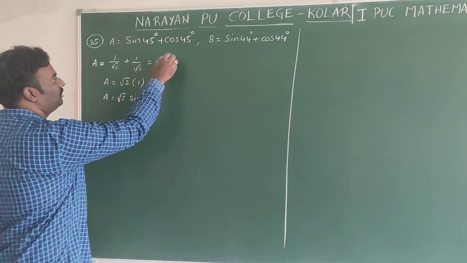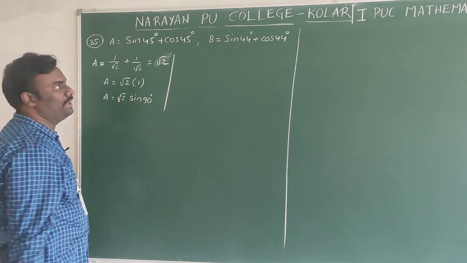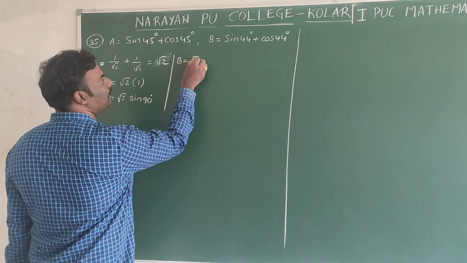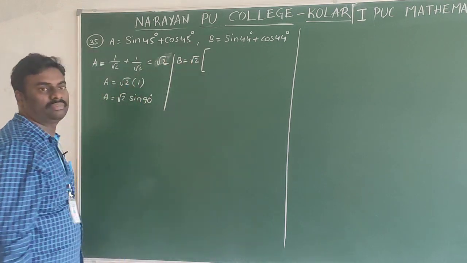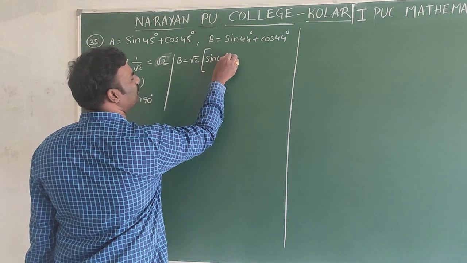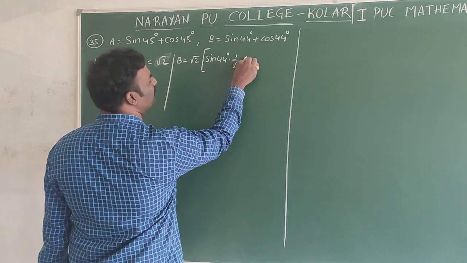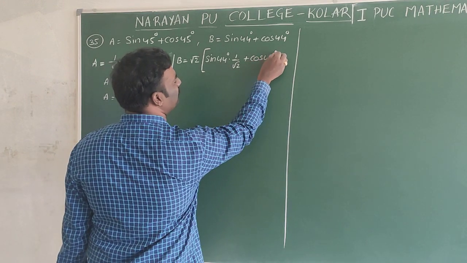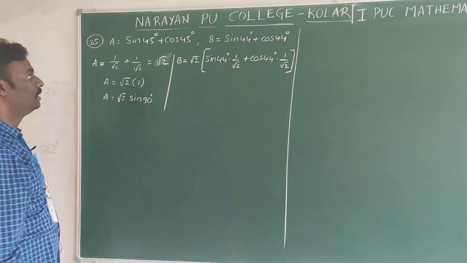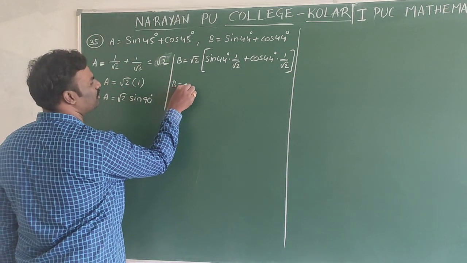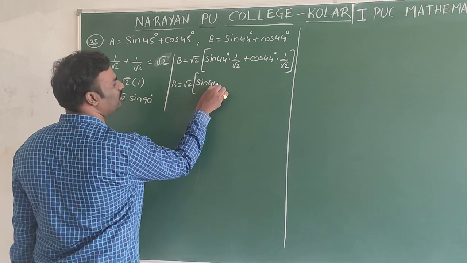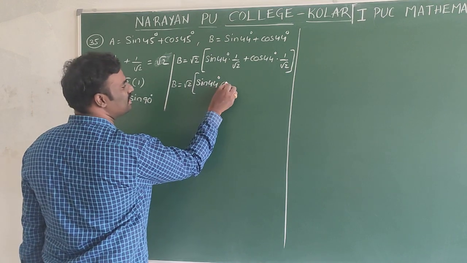Now coming to the second, B. For this, multiply with root 2, divide with root 2. Sin 44, 1 by root 2, cos 44, 1 by root 2. Now B equals root 2 into sin 44. This 1 by root 2 can be written as cos 45.